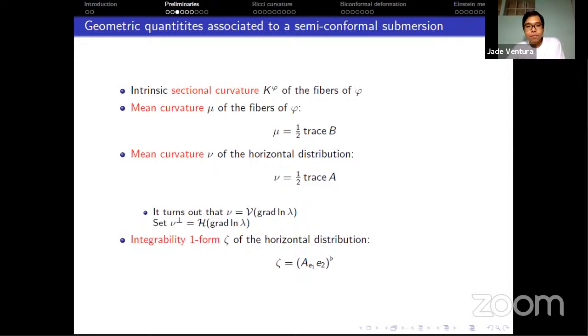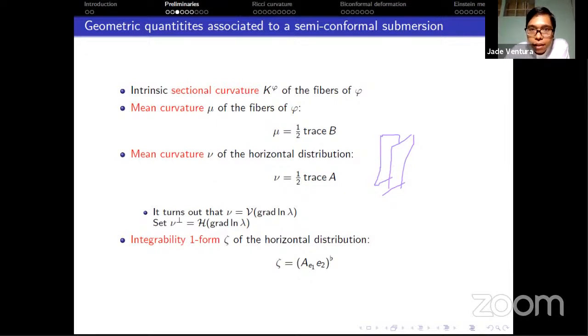And finally, to top this list, the integrability one form zeta of the horizontal distribution. So we note here that the vertical distribution, so these are the fibers of phi, the vertical distribution is always integrable since these fibers are submanifolds.